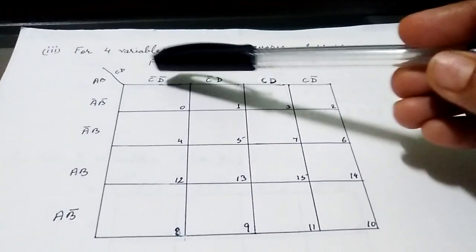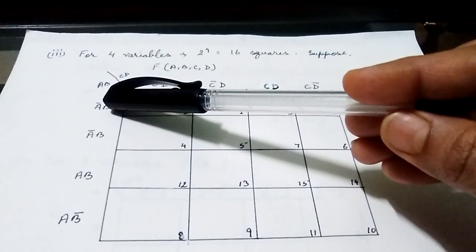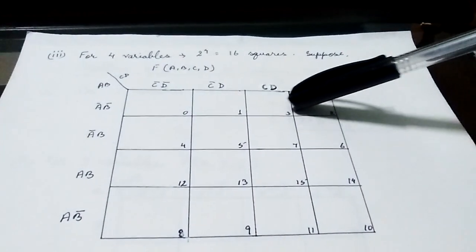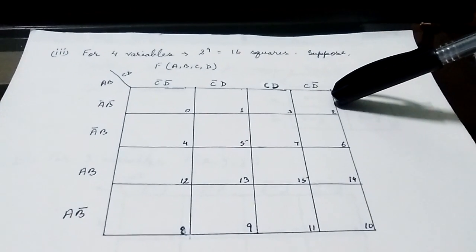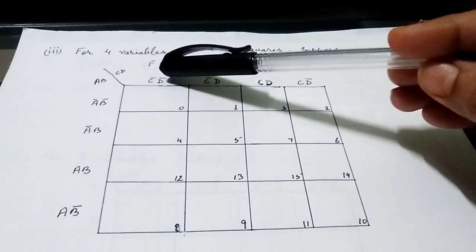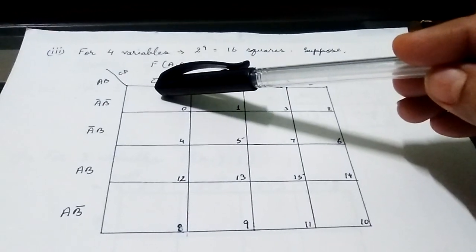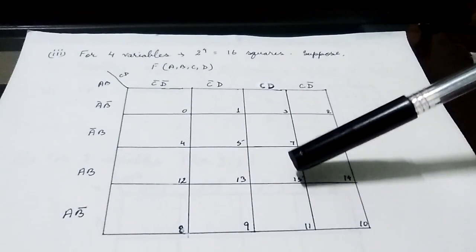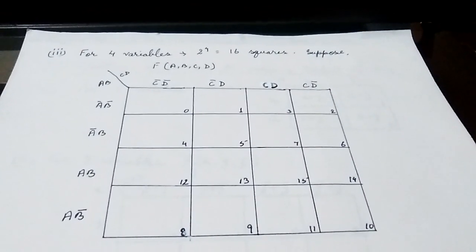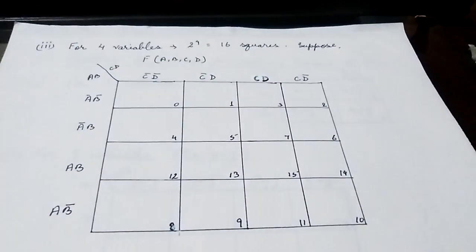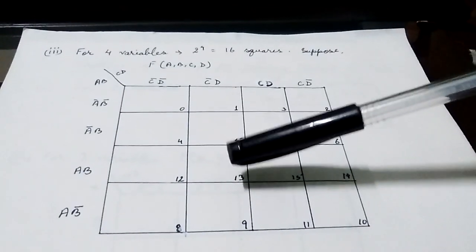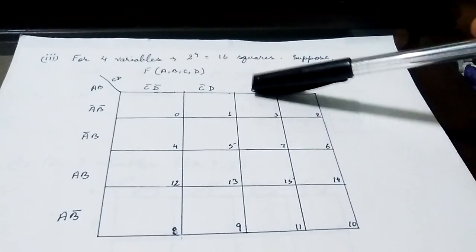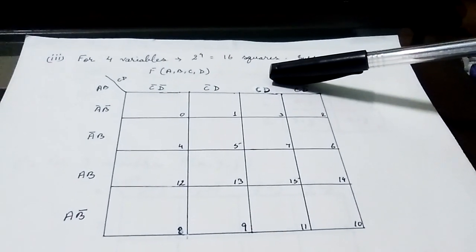So C bar, D bar we will put here. A bar, B bar we will put here. So A bar, B bar will be applicable for all the cells of this row. And C bar, D bar will be applicable for all the cells of this column. Next, combination 15 we will see. 15 is 1, 1, 1, 1. So very easy. It means this row will have AB and this column will have CD.